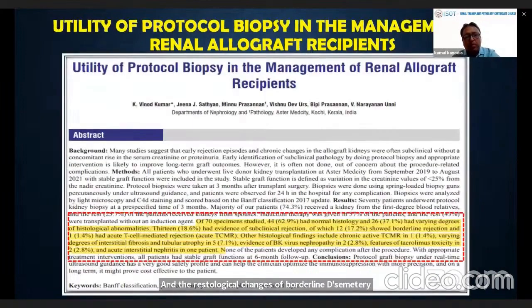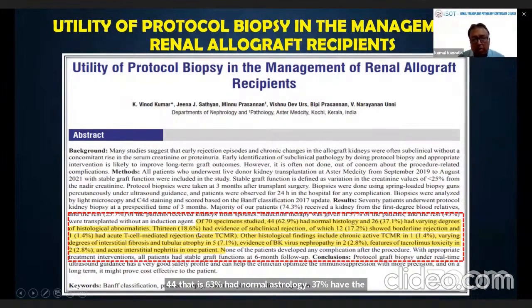Very few studies are published on protocol biopsies because only a few centers have the practice of protocol biopsies. This is an Indian study from Kochi, Kerala. In this 2 year study, out of 70 patients studied, 44, that is 63%, had normal histology and 37% had histological abnormalities.